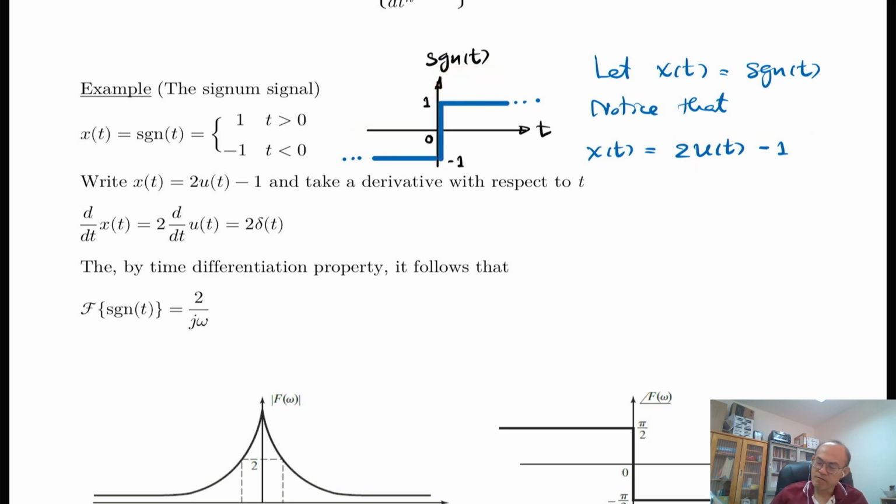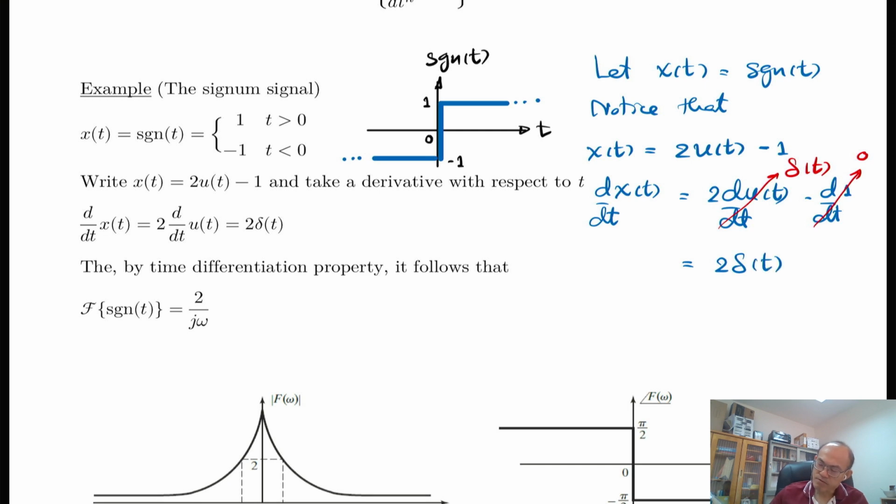Now, if we take the first derivative of x(t) with respect to time, then we're going to have 2 du/dt minus d1/dt. But d1/dt is 0 because 1 is a constant, and du/dt is delta, as we already know. So that is 2 delta(t). Then we take the Fourier transform of both sides.